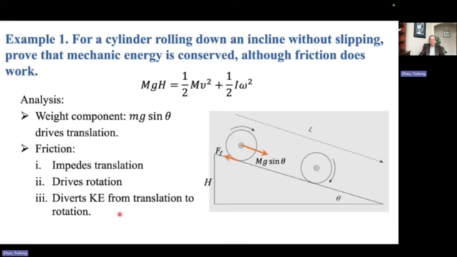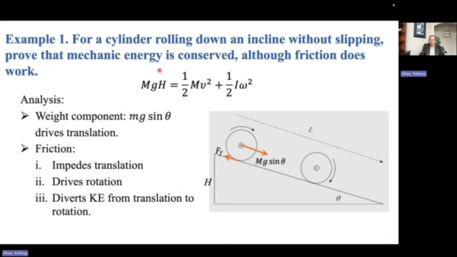Instead, it converts kinetic energy from one form to another, from translational form to rotational form. This is the key concept here. That's why a lot of students feel confused: friction is actually doing work, but without consuming mechanical energy.